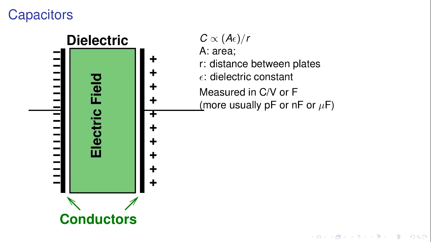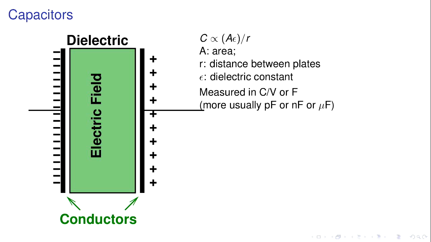So you end up with a dielectric constant that depends on the dielectric material that controls how good your capacitor is. The amount of capacitance you have, therefore, is proportional to the overlapping area, inversely proportional to the distance between the plates, and proportional to the dielectric constant of the substance you've got in there.